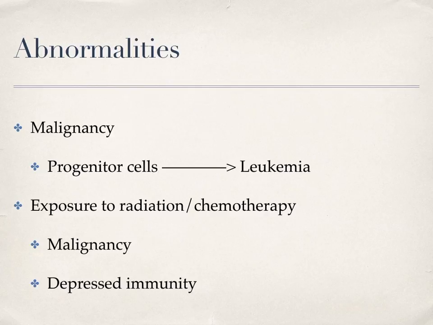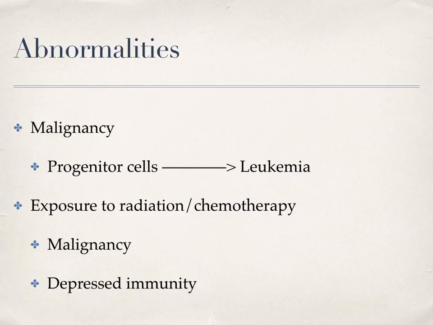Malignancy can also be an abnormality with blood cells, and those progenitor cells, specifically those hematopoietic stem cells, can turn malignant in our bone marrow, causing leukemias, something that most of us are familiar with. Another thing that could affect our bone marrow or cause an abnormality with bone marrow is exposure to radiation or chemotherapy.